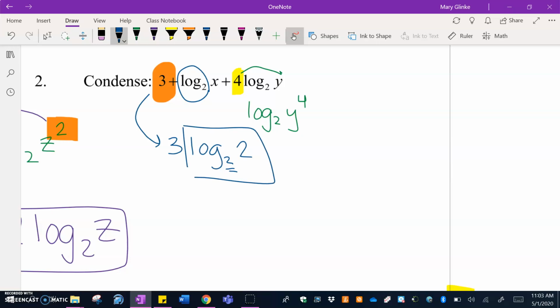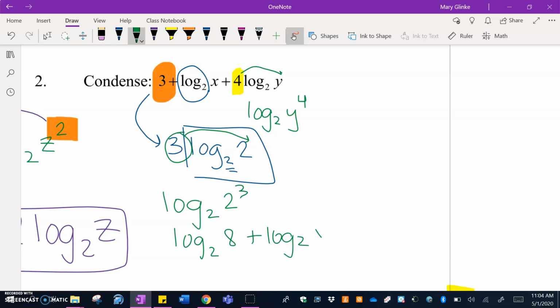So what I've done is I have written something that doesn't change the value. I'm just changing the way this looks because now this has a logarithm. Now I can actually work with this. So I'm going to take this 3 that was already there and put it up as my exponent. So this becomes log base 2 of 2 cubed. And so that is log base 2 of 8.